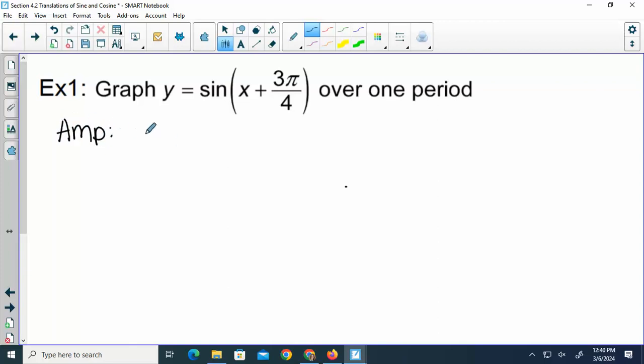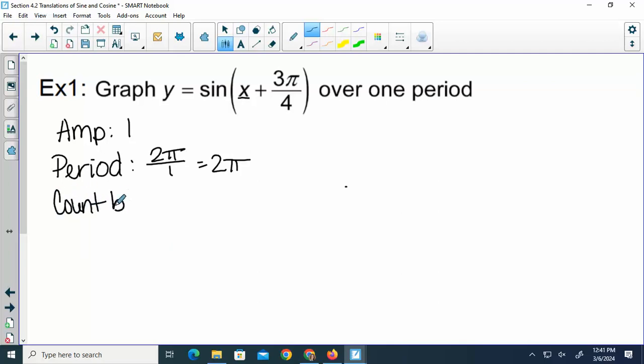What is the amplitude? Period. How do we find period? 2 pi divided by the coefficient of x, which is 1, so my period is 2 pi. Count by. How do we find that? Period divided by 4. So we get pi over 2.